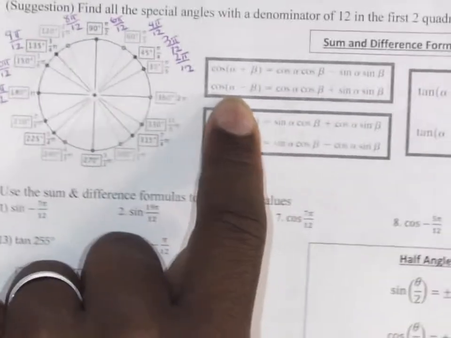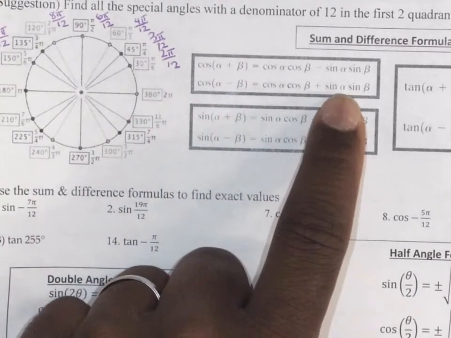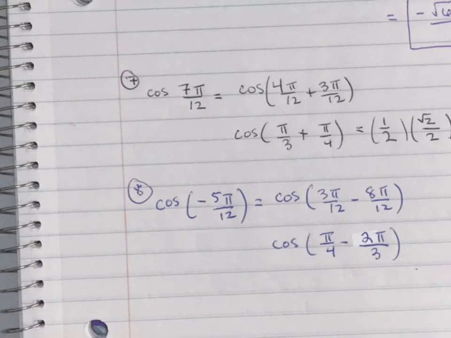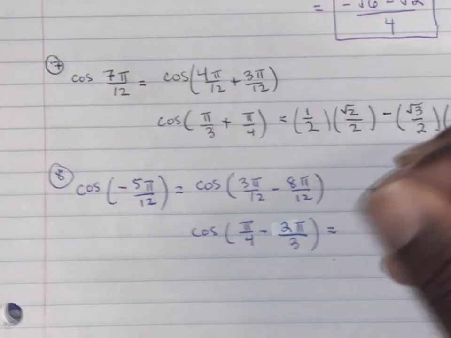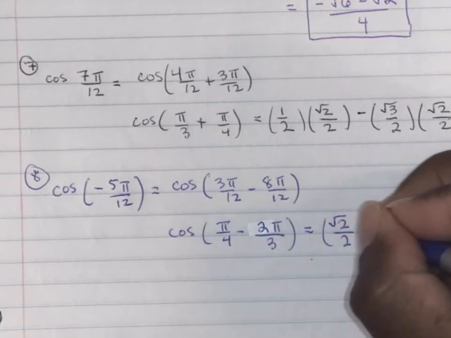Right, so we're doing the subtraction formula for cosine, the difference formula. So cosine A, cosine B plus sine A, sine B. So we add in between this time. So cosine of A is root 2 over 2.